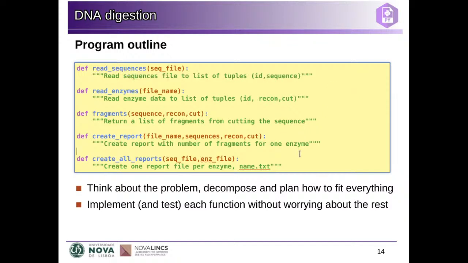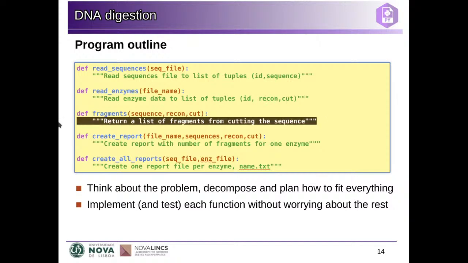This is important, especially in the beginning, because it allows you to check if things will fit together. So this first function receives the name of the sequence file and returns all the tuples of the identifier and sequence. This does the same thing for the enzyme, so the name of the enzyme file, and it returns all the enzymes in the file: the identifier, the recognition site, and the cutting point.